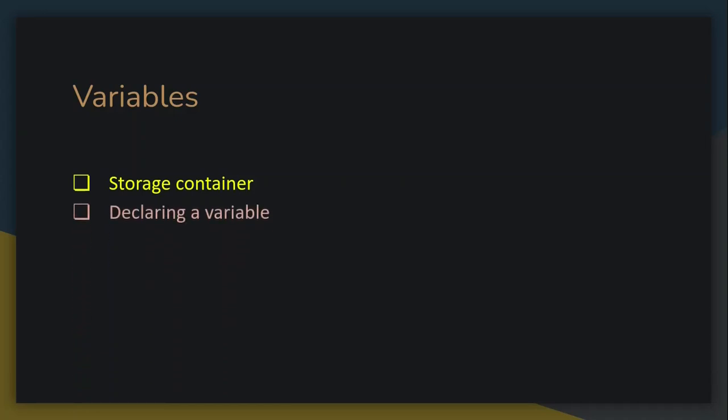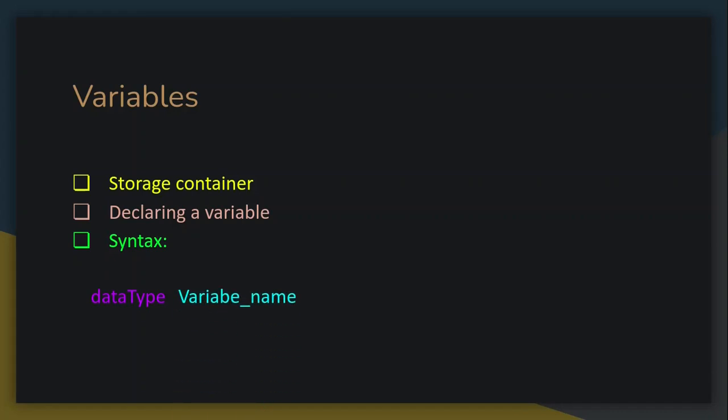Now, how can one go about declaring a variable? Well, let's look at the syntax. What we have is the data type. So you specify the data type that you want your variable to store. This is the data type of the value that is going to be stored in this variable. Then obviously, you have to have the name for your variable.